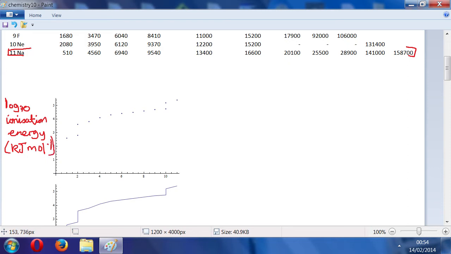Oh no! Oh well. And then this axis is going to be the number of electrons removed. So I think we could perhaps put a cardinality symbol. These are finite amounts of electrons removed.